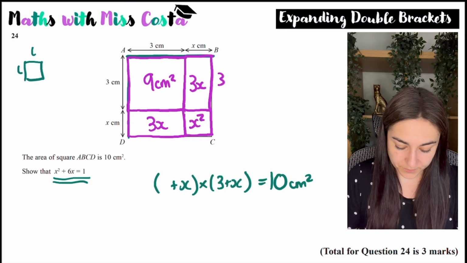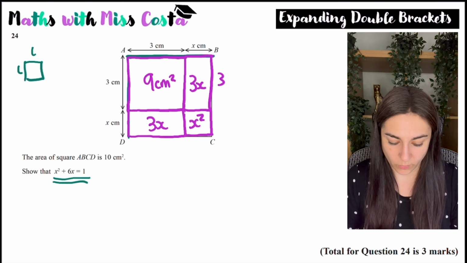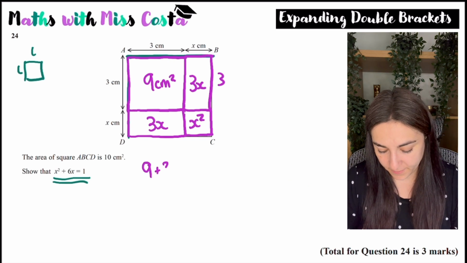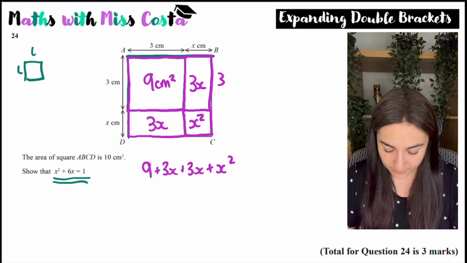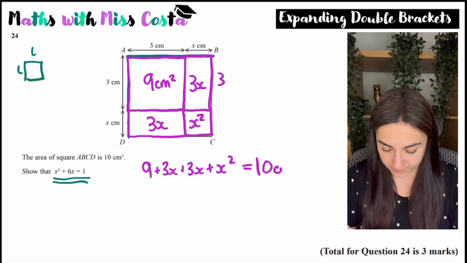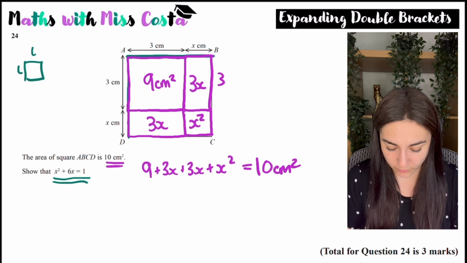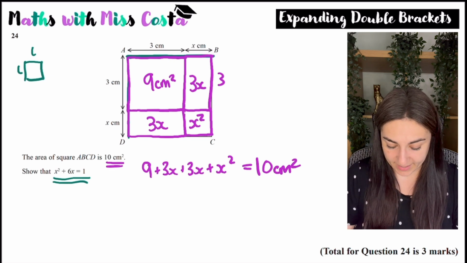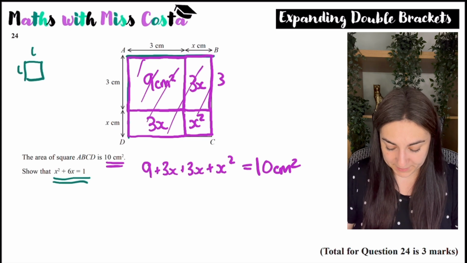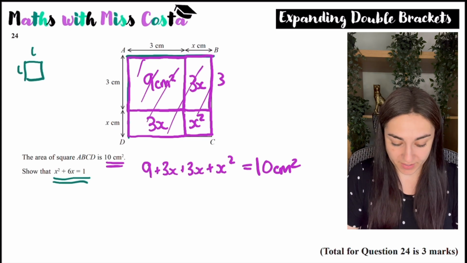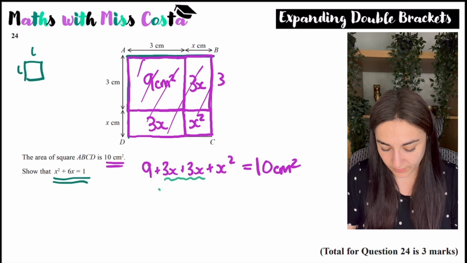And then what I could do is write them all out. So I could say 9 plus 3x plus 3x plus x squared must equal 10 centimeters squared, because that's what they've told me. So this is the area in here, and it must equal 10 centimeters squared. I could simplify that. 3x plus 3x would be 6x.